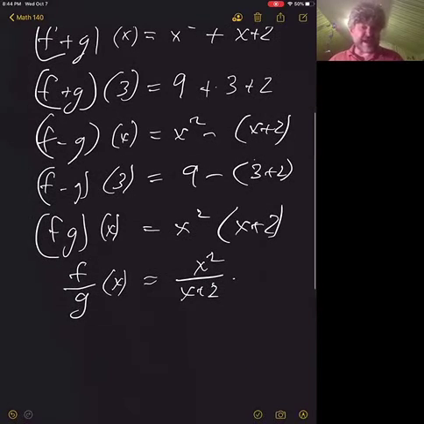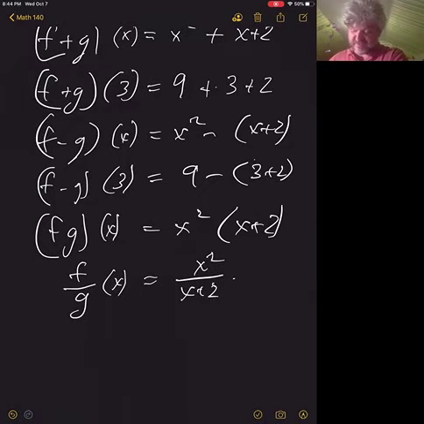Questions about the domain might happen. So the domain for f and for g by themselves is just all the real numbers. And when you add them, subtract them, multiply them, nothing bad can happen. It's still going to be all the real numbers. The only time when something can happen is when you divide. You can't have a denominator 0.